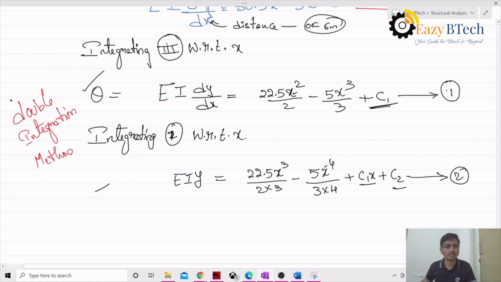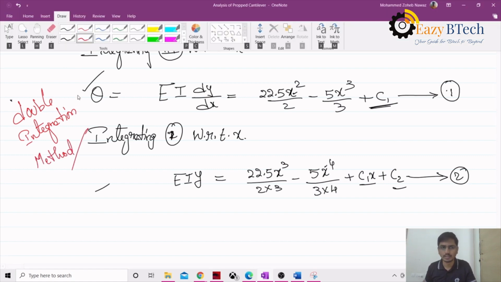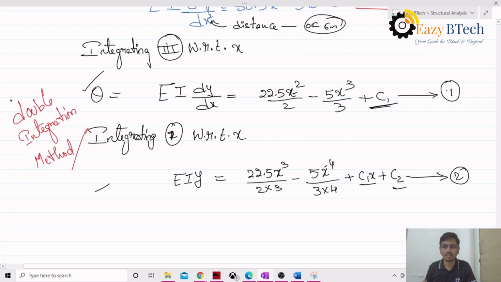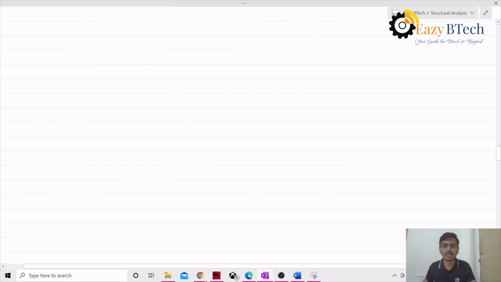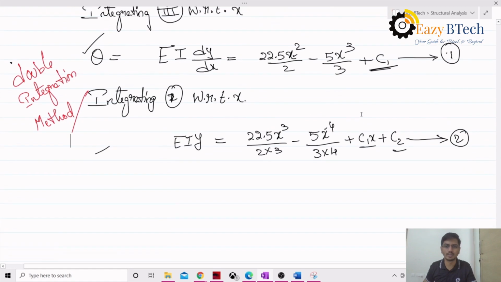There are many methods to find the deflection. This is a very easy method, where we can directly use the bending moment equation. That's why I followed it here. Now, how to get C1 and C2? To do that, we need to draw the figure of this propped cantilever again.